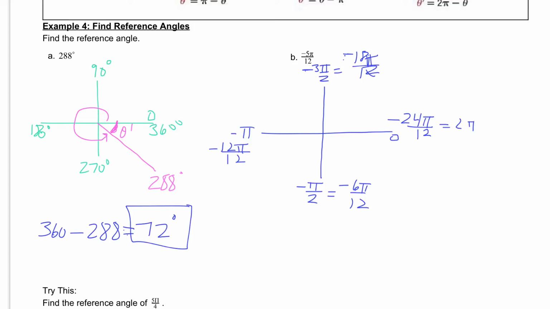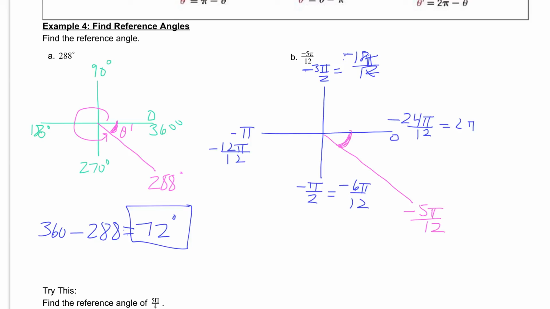Now I labeled all these, which you don't necessarily have to do every time. Once you notice that this is negative 5 pi over 12, if we have negative 6 pi over 12 here and 0 here, we know negative 5 pi over 12 is going to be lying in this 4th quadrant here. So here is our angle, which is negative 5 pi over 12. And what we're looking for, again, is this angle in here.